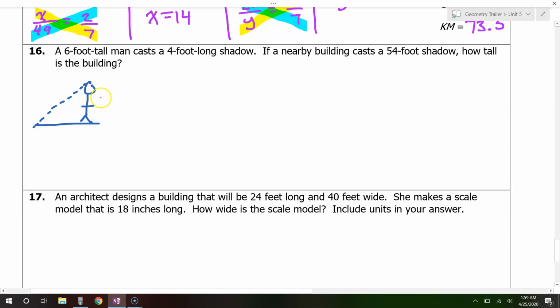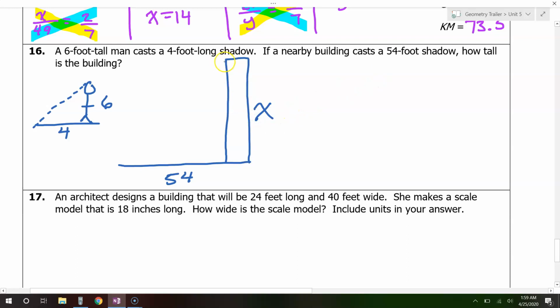The man is 6 feet tall, and his shadow is 4 feet long. Okay, and then there's a building. Let's see, the building casts a 54-foot shadow. All right, so here's the shadow of the building. And then here's the building. Okay, and we want to know how tall is the building.